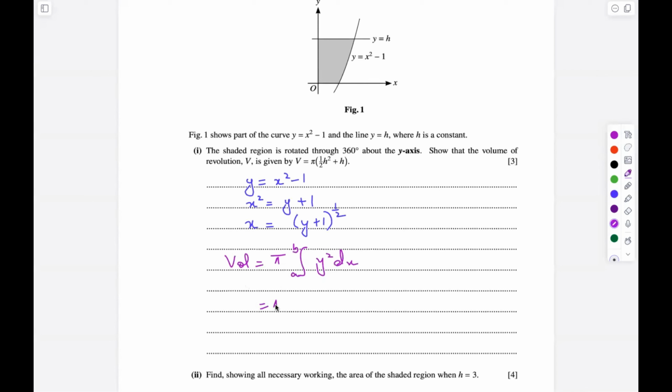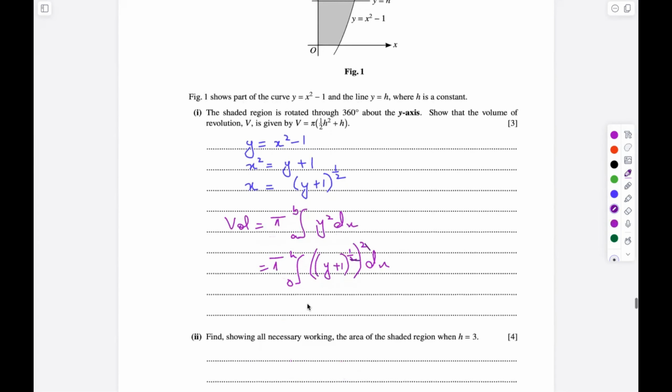So to find the volume, we'll write pi times the integral from 0 to h, and x squared will become (y plus 1) to the power 1 upon 2, whole squared. So when we square, the 1 upon 2 and 2 will cancel out, so we'll get y plus 1. Now integrating y plus 1, integrating y becomes y squared upon 2, and integrating 1 becomes y.